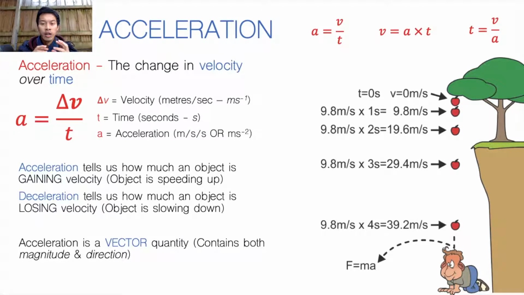But if, for example, let's say gravity causes the apple to accelerate at 9.8 meters per second squared, what that means is after 1 second, the object is traveling at 9.8 meters per second, okay? After 2 seconds, the object is now traveling at 9.8 meters per second times 2, which is 19.6 meters per second, right? And then at 3 seconds, it's 29.4, at 4 seconds, 39.2.